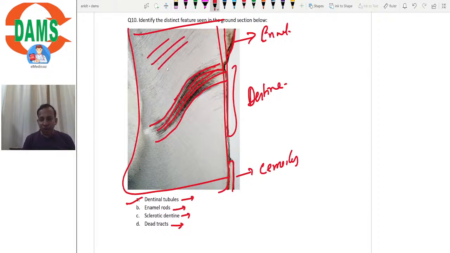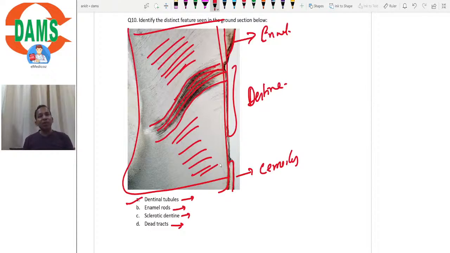All the tissue seen here has dentinal tubules, so dentinal tubules are seen everywhere. But the distinct feature is this central portion, and this central portion comprises dead tracts. As you can see, these dentinal tubules appear dark, they appear black. So dark dentinal tubules are dead tracts.